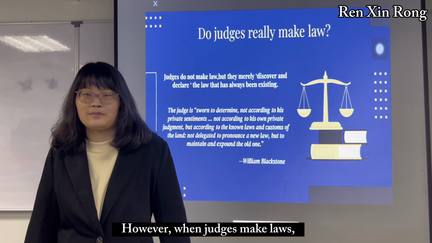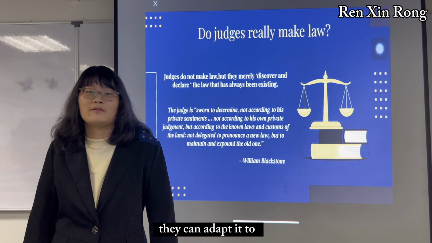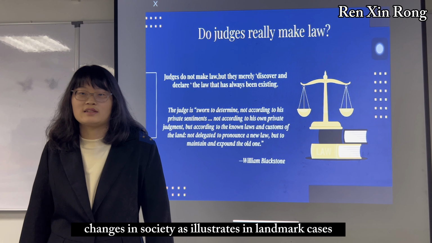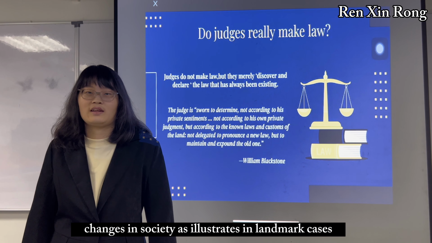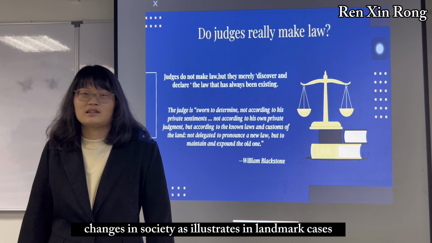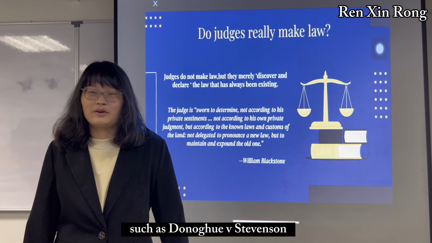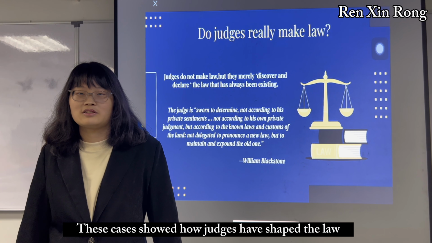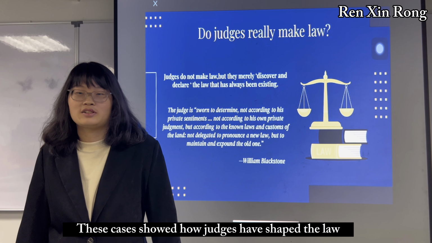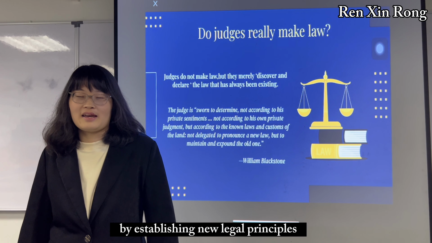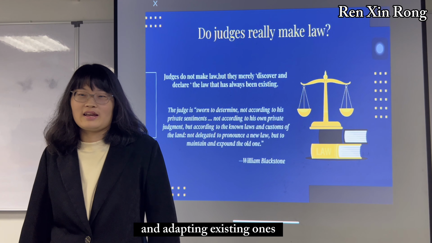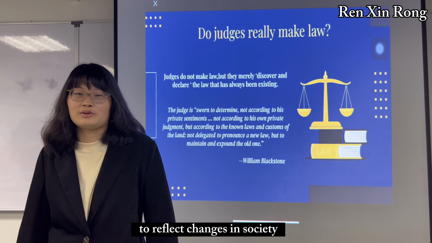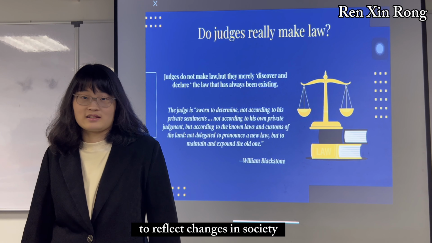However, when judges make laws, they can adapt it to the changes in society, as illustrated in landmark cases such as Donoghue v Stevenson and the case of Attorney General v O'Brien. These cases show how judges have shaped the law over time by establishing new legal principles and adapting existing ones to reflect changes in society.